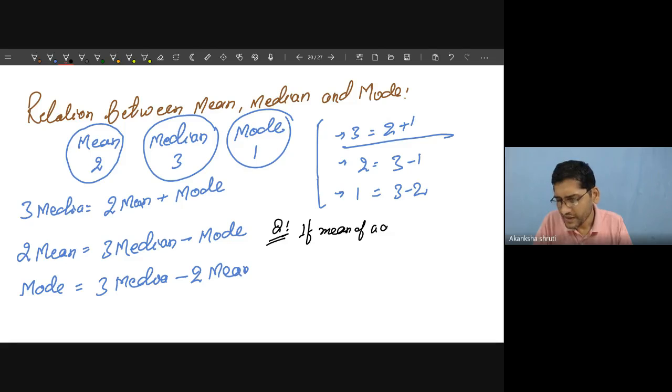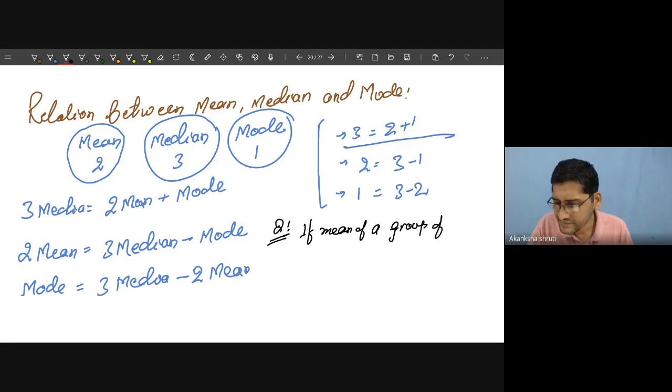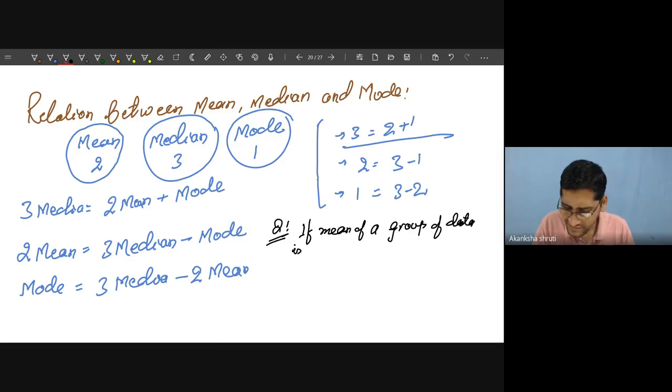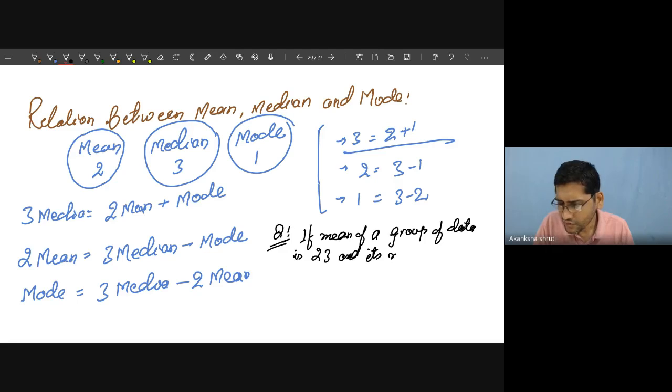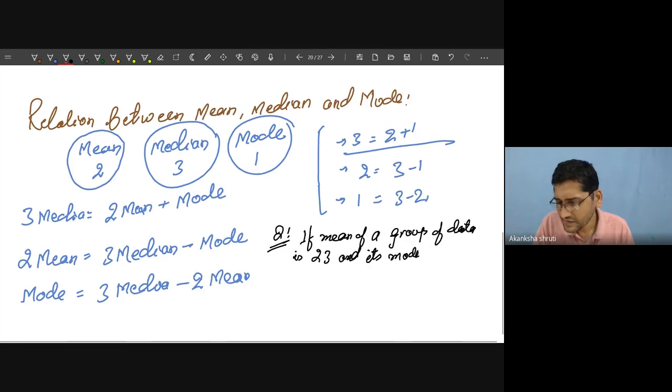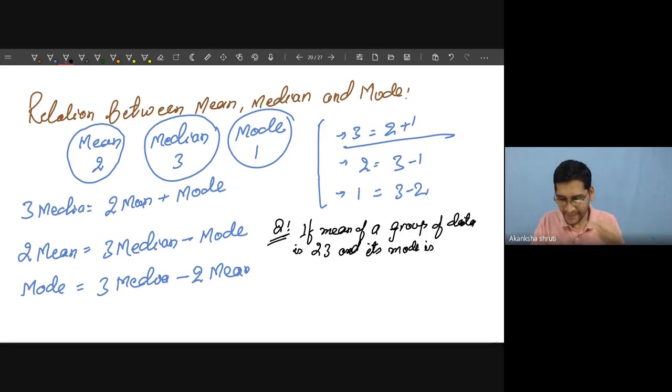The mean of a group of data is 23 and its mode is 32, then find its median.